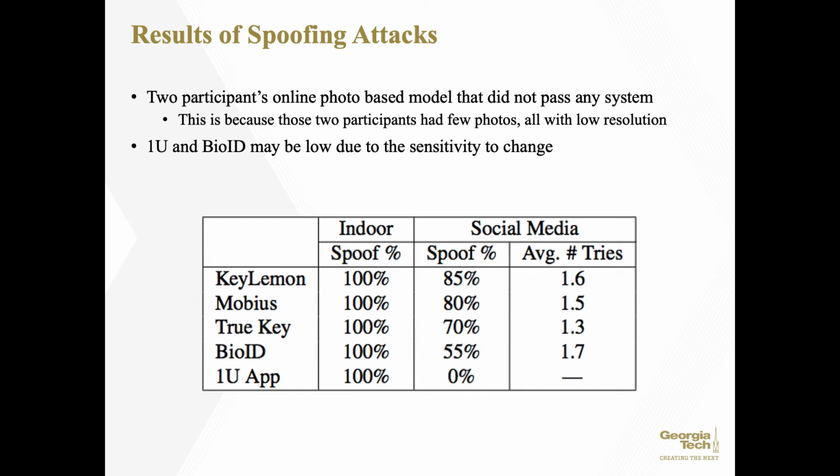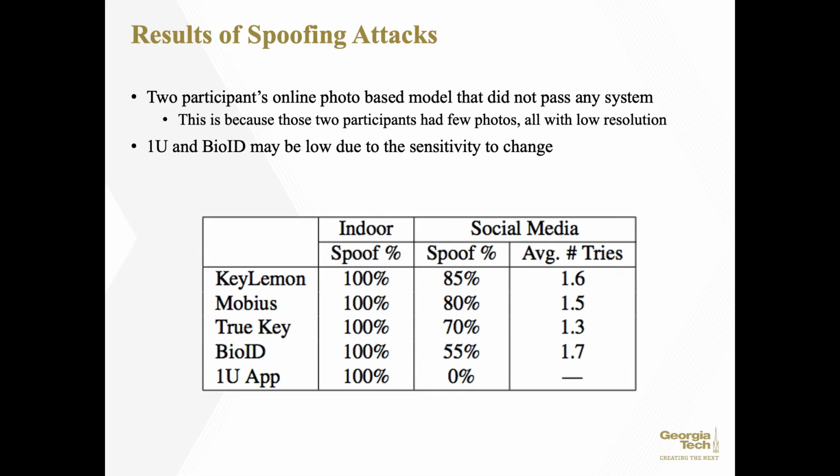1U and BioID may be low due to sensitivity to change. What I mean by that is that some systems train with a lot less data from the individual when they make an account. These 2 systems tend to have high false rejection rates. For example, 1U only trains data on a user's face with a single image.